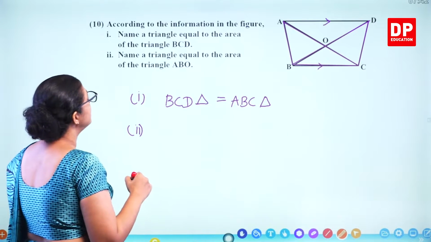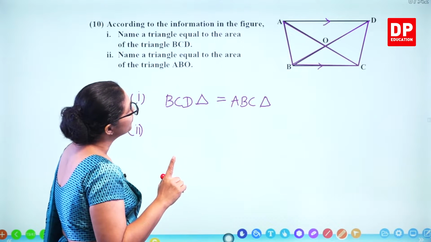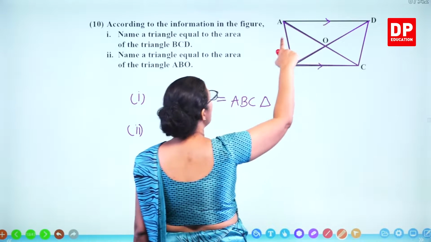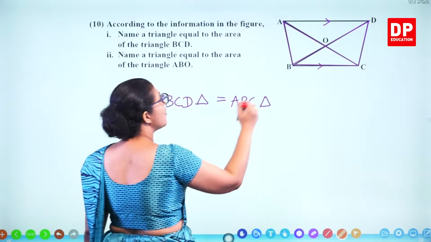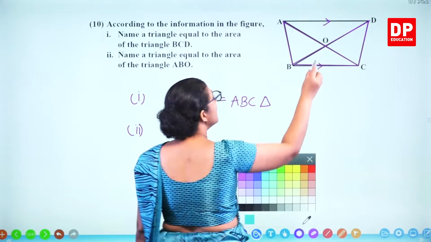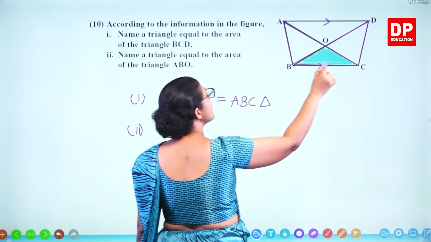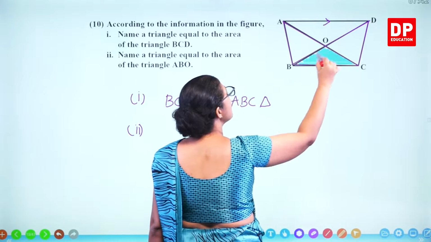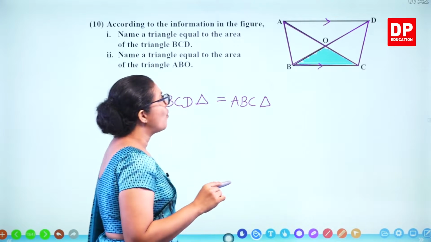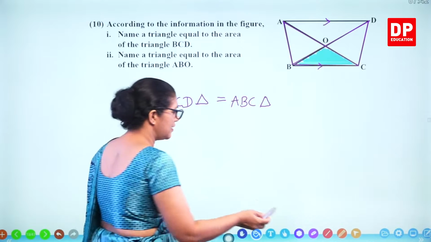Name a triangle equal to the area of the triangle ABO. Now can you see we found these two are equal. This area is common. So when you subtract bigger one minus the common area from both, we can see AOB is equal to OCD triangle.